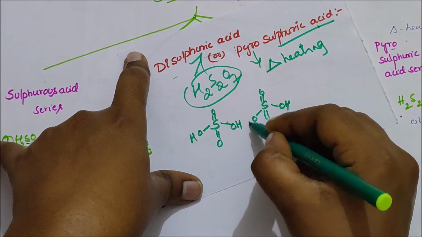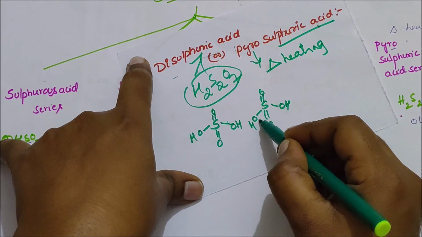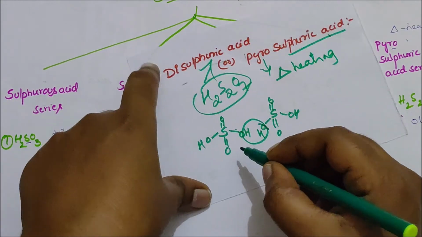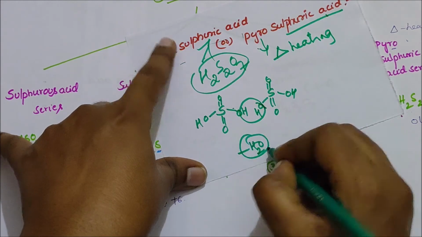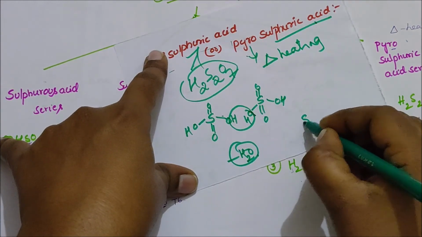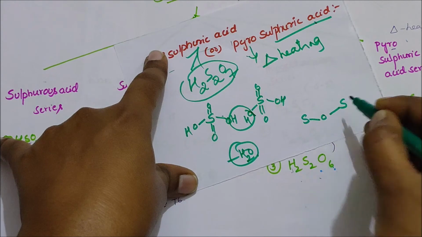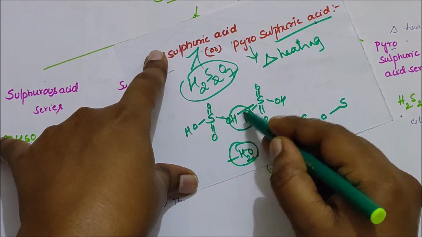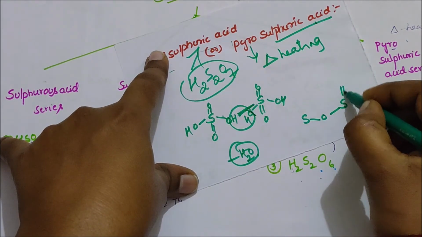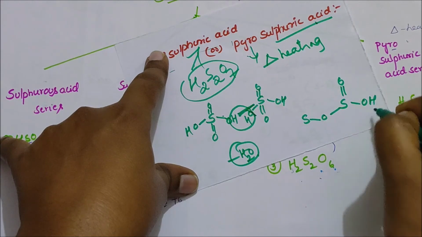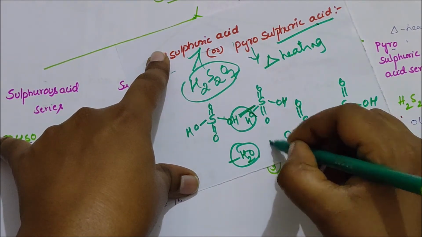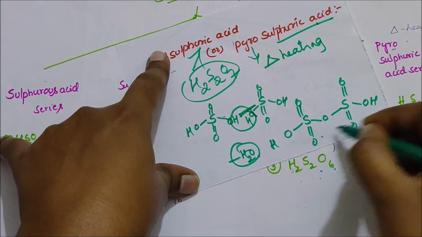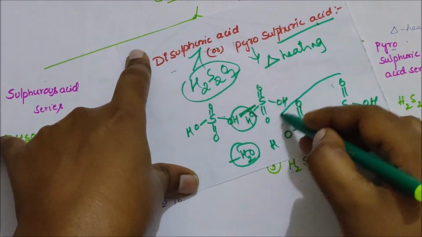By heating these two molecules to remove a water molecule from the actual compound, to form an S-O-S bond. OH, double bond O and double bond O, OH. This is the disulfuric acid structure.